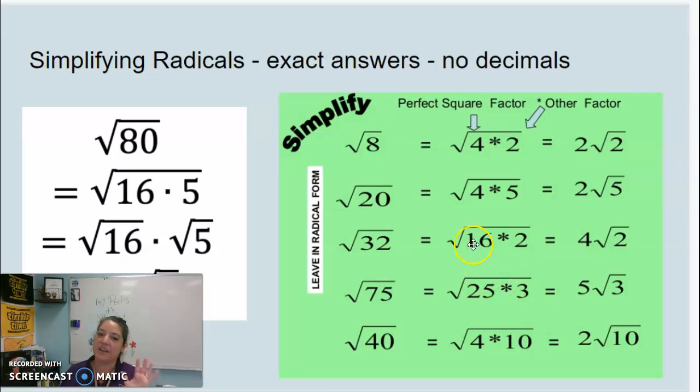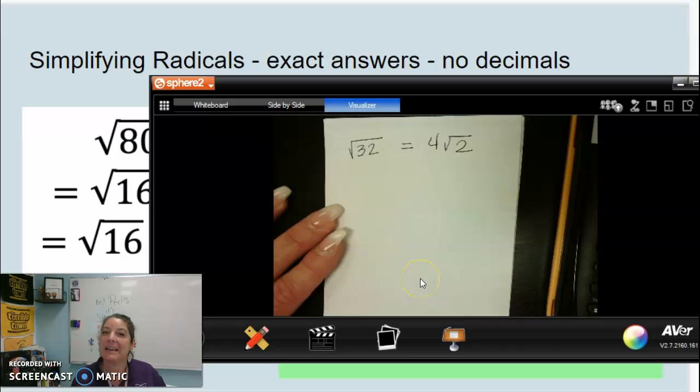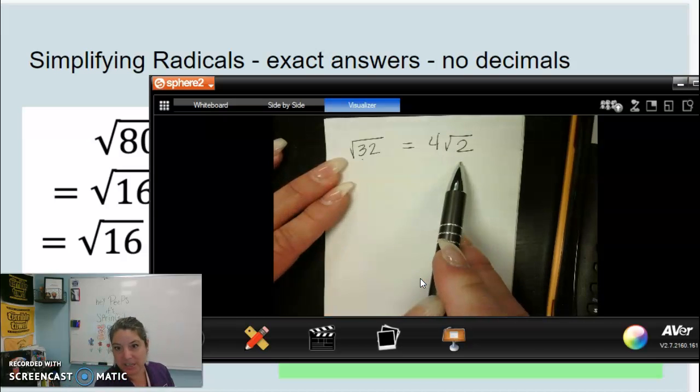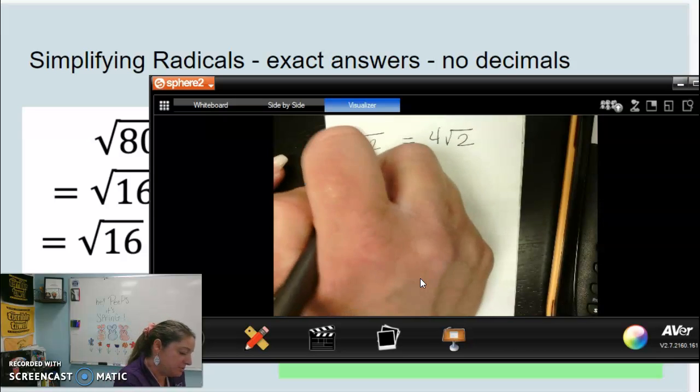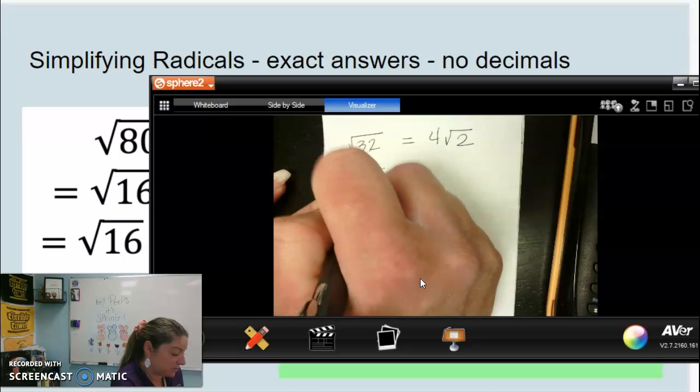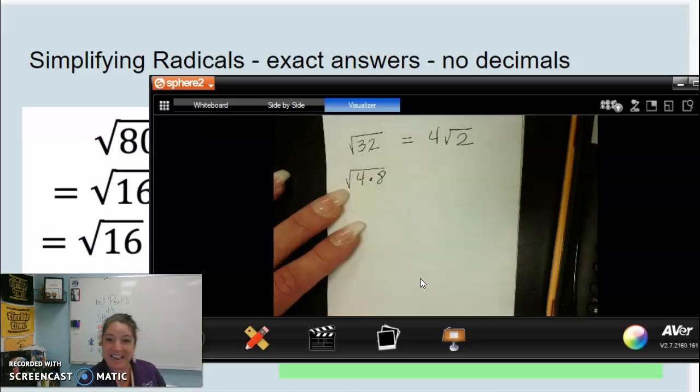There's something, though, that I wanted to show you, and that is with the square root of 32. So let me go show you something really quick. Keep in mind, the square root of 32, simplified all the way, okay, is 4 root 2. So here's what can happen with radicals, okay? So the square root of 32 is supposed to be 4 root 2. But you can also write the square root of 32 as 4 times 8, because 4 times 8 is 32, right?